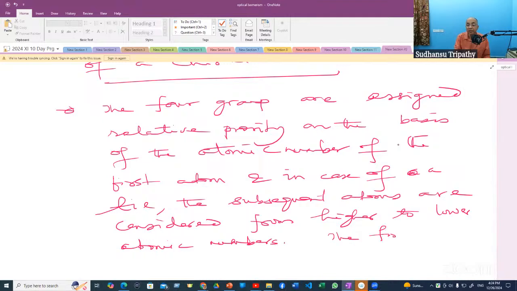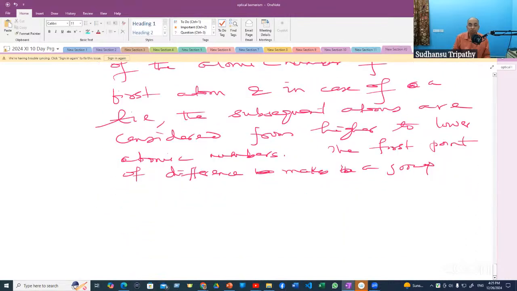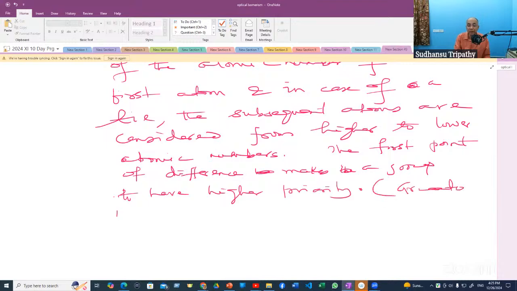The first point of difference makes a group have higher priority. Greater the atomic number, greater is the priority.